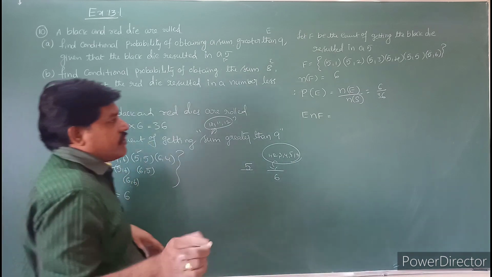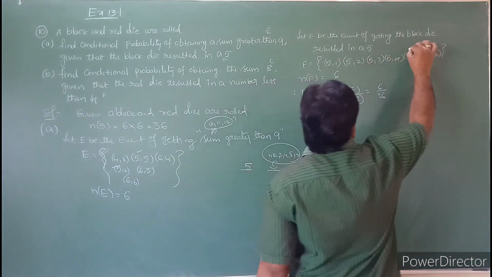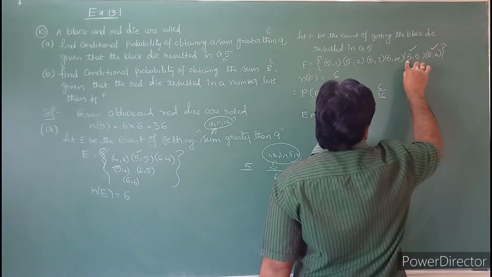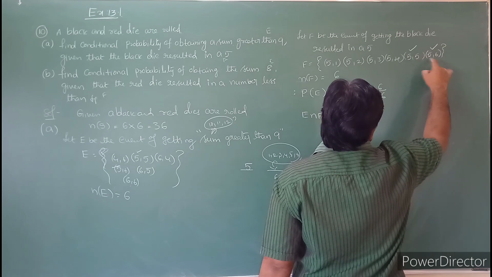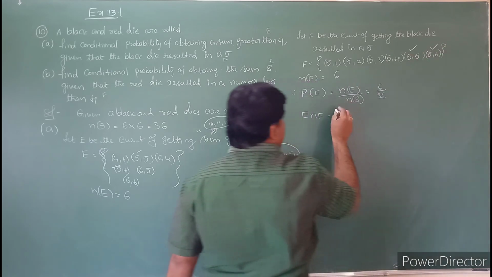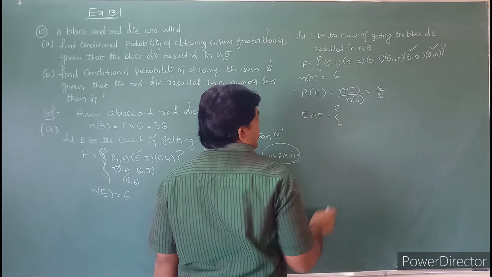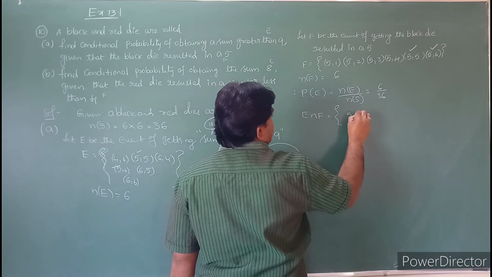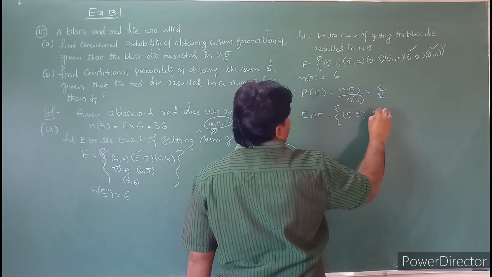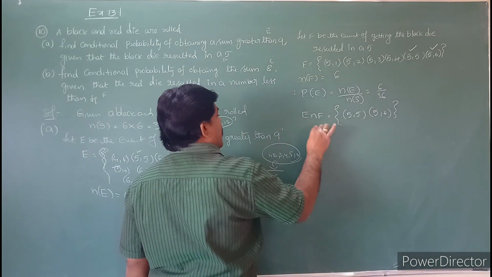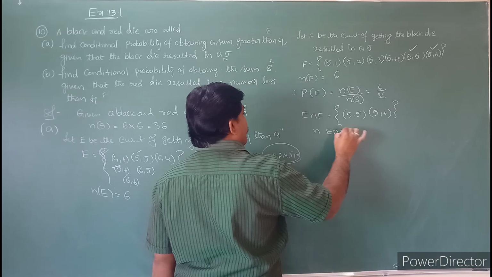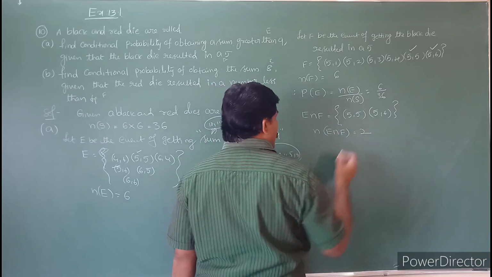We can verify that: 5 comma 5 and 5 comma 6. First die shows the 5 and the sum is more than 9. So the intersection contains the two pairs, 5 comma 5 and 5 comma 6. In this case n of E intersection F is equal to 2.